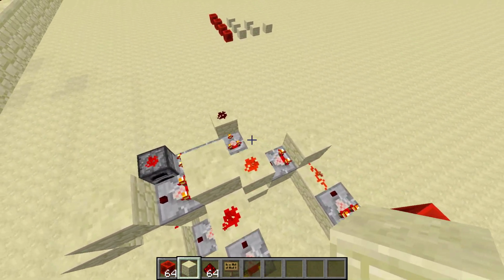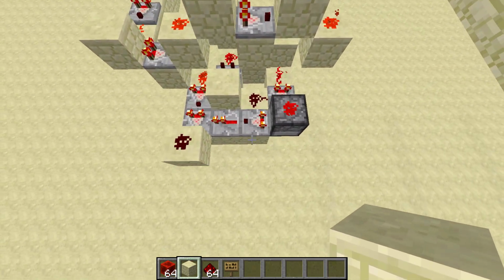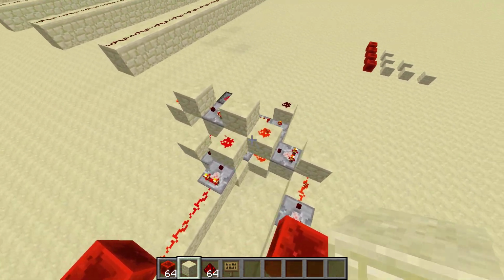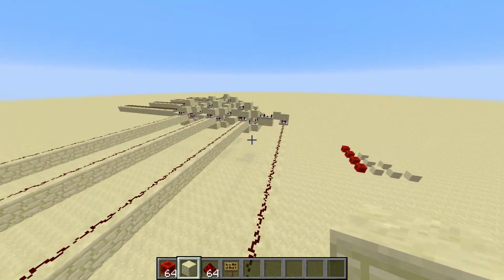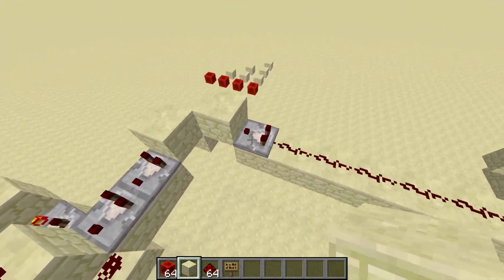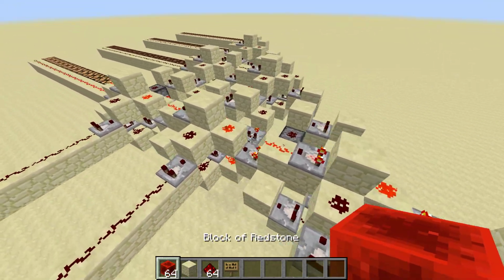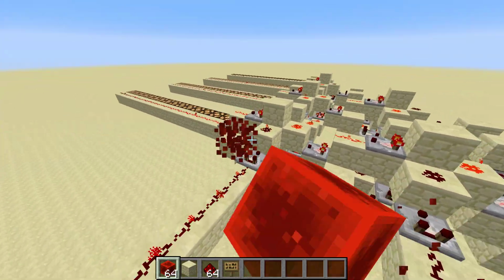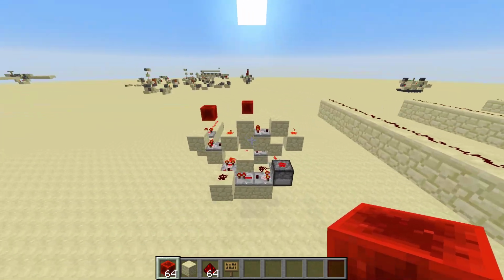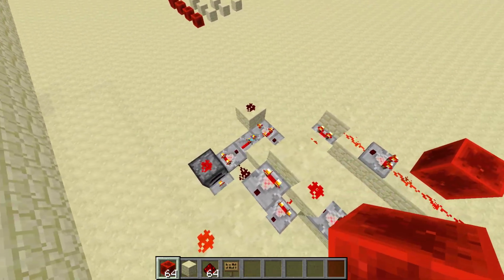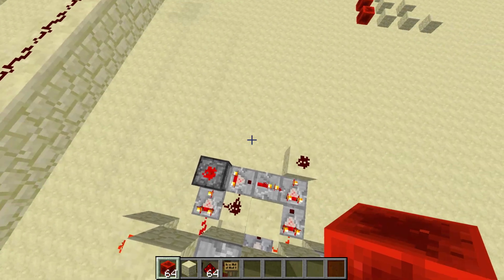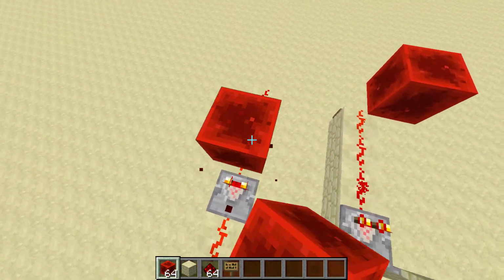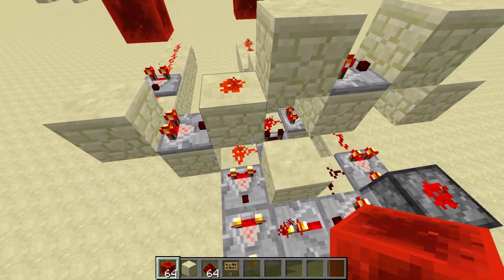So what happens here is that we determine which one of them is higher and lower, and we output the lowest one here. And then throughout the entire build, we just carry the highest through this entire line. It doesn't matter really. The highest just goes through this. It's the easiest part. The way we do this is by having input B being the stronger one.